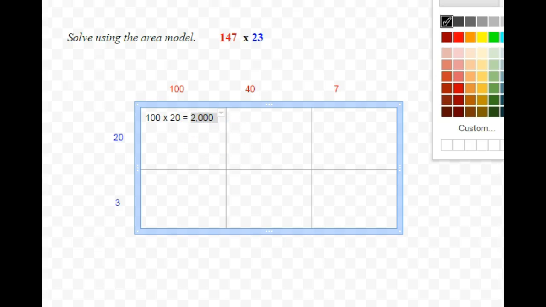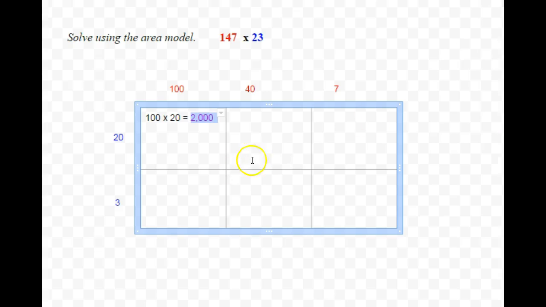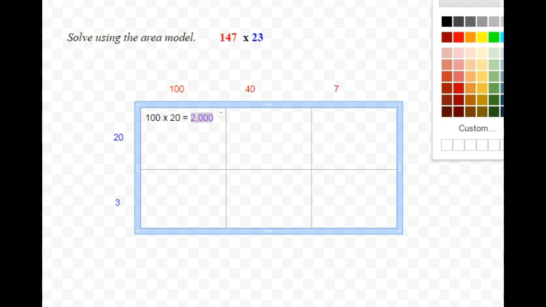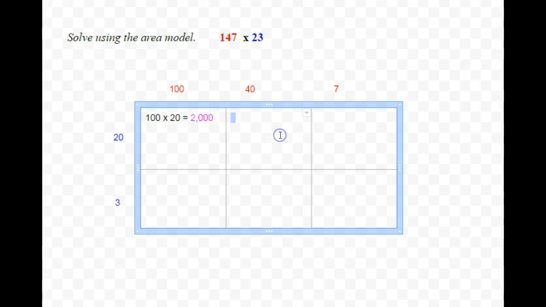I'm going to make this a bright purple so we can see our answers, and we can use them and add them up at the end. Then I'm going to take my other set of numbers and do 40 times 20. That equals, I can do 4 times 2, that's 8, and then add my 2 zeros, that's 800.